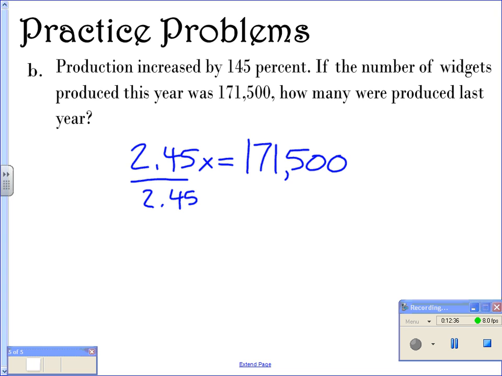You set it up right? Everybody right so far? 2.5x equals 171,500. Did y'all get 70,000? Okay, someone else has to go do the circles.